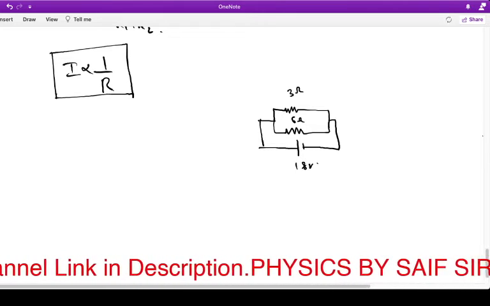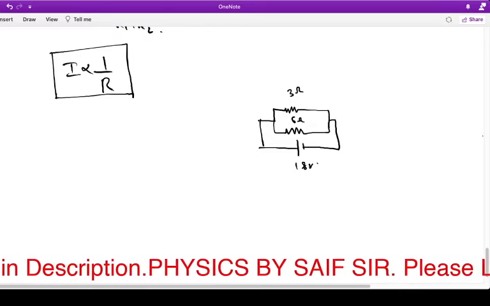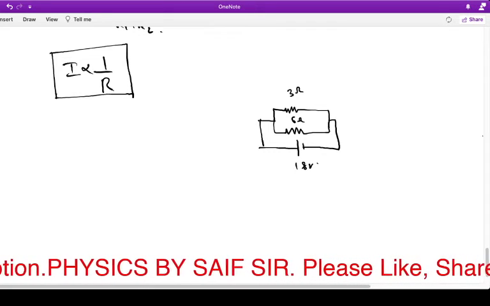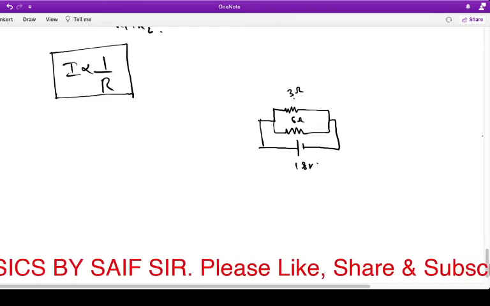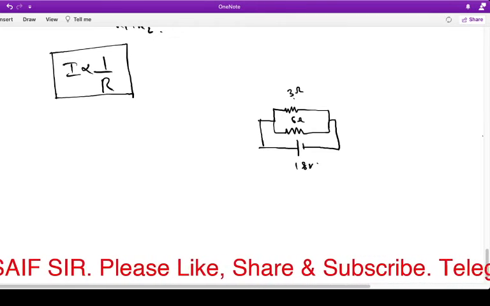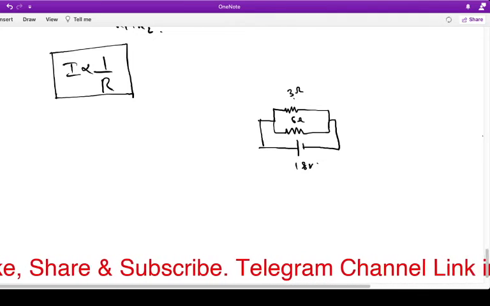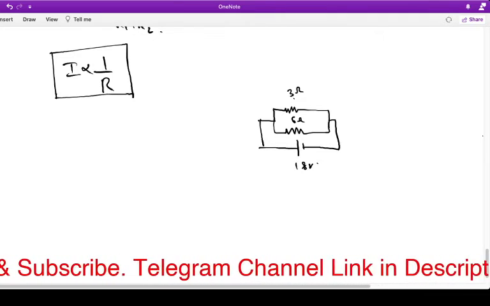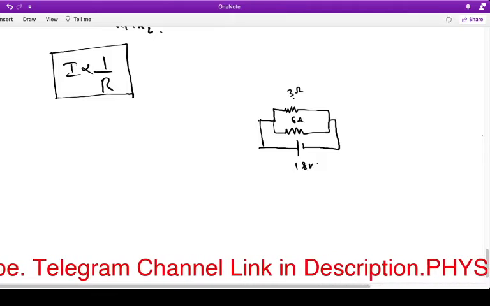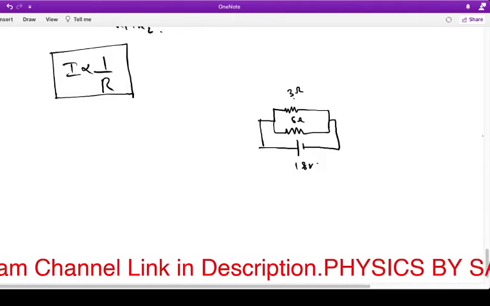Now we have to find the current through R1 and R2. We know the voltage, we know the resistance, you just have to find the current here. So what we will do, first we have to find the R parallel here.